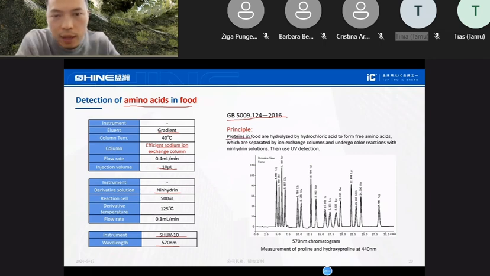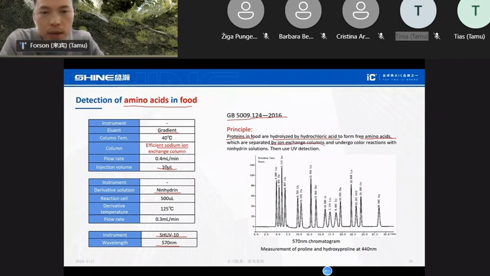The protein in food, we need to treat with hydrochloric acid, and then we get the amino acids. Then we separate them by the ion exchange column and the reaction, and then we can get the colors as there.